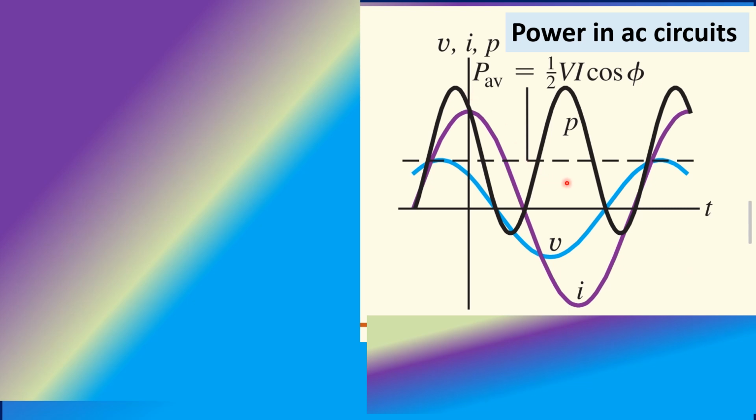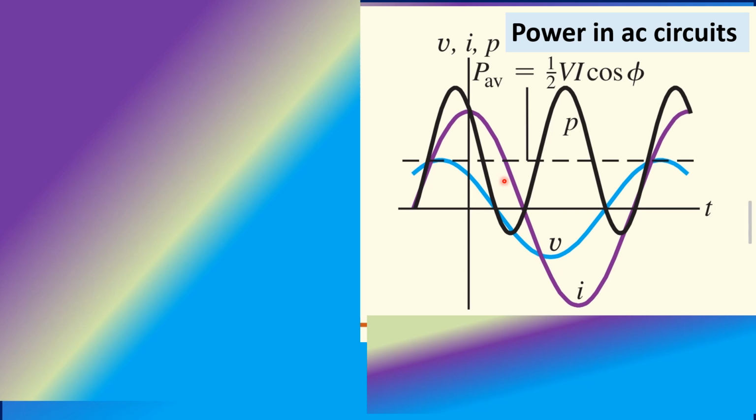for a complete RLC circuit connected to an AC source, we say that the average power has some phase angle phi.